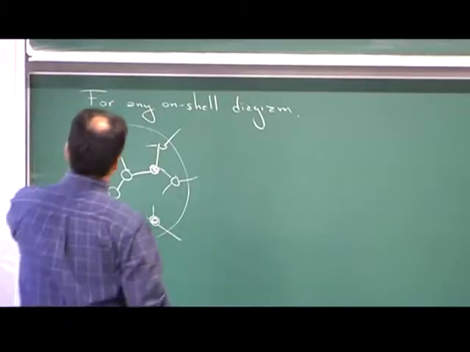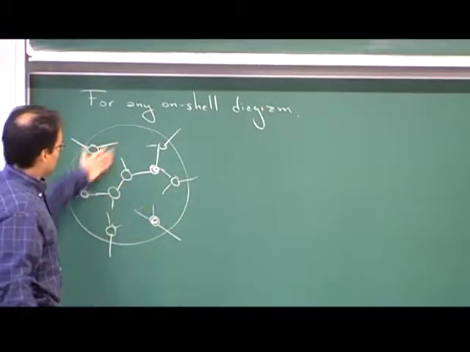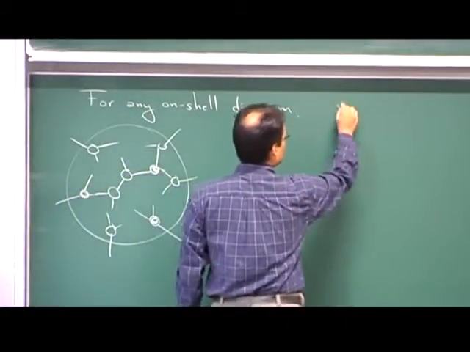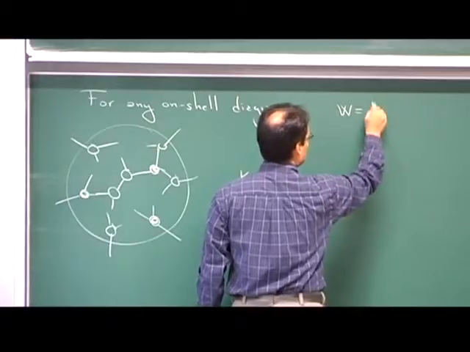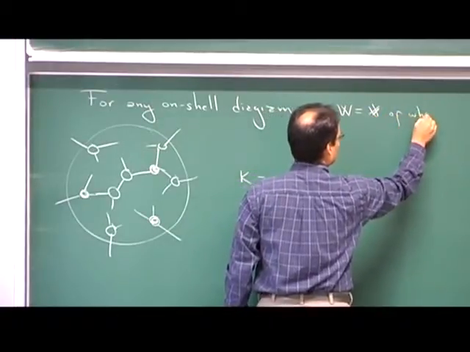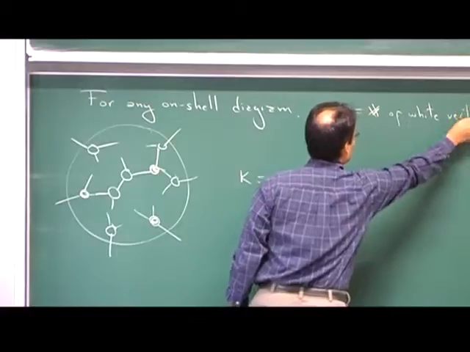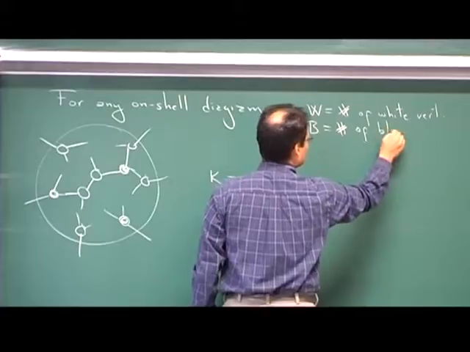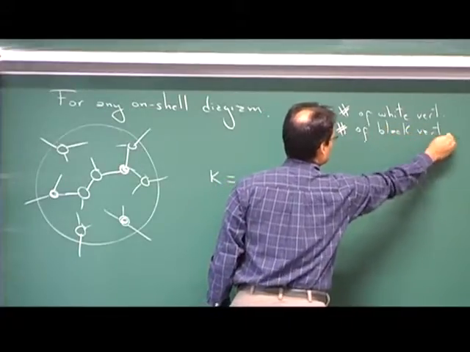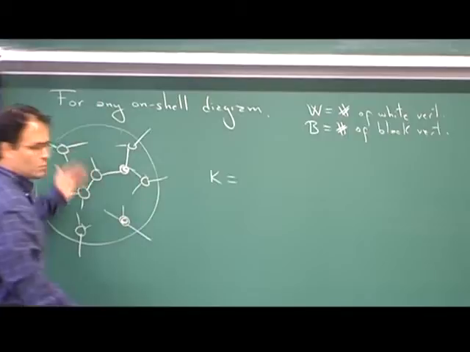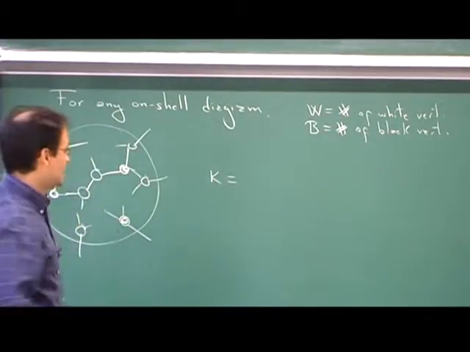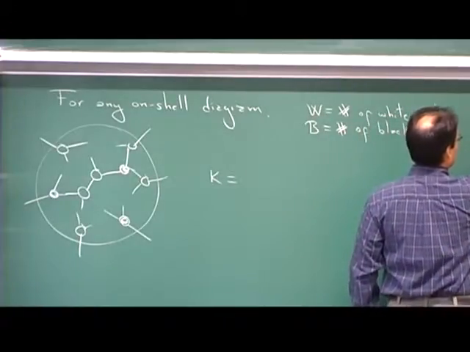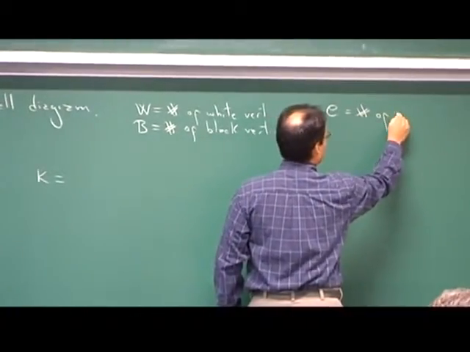In other words, I want to find a formula for the K of this graph in terms of the number of white vertices, the number of black vertices, and any other property that I might need in the graph. I'll give you a hint. Another property that we need is the number of internal edges.